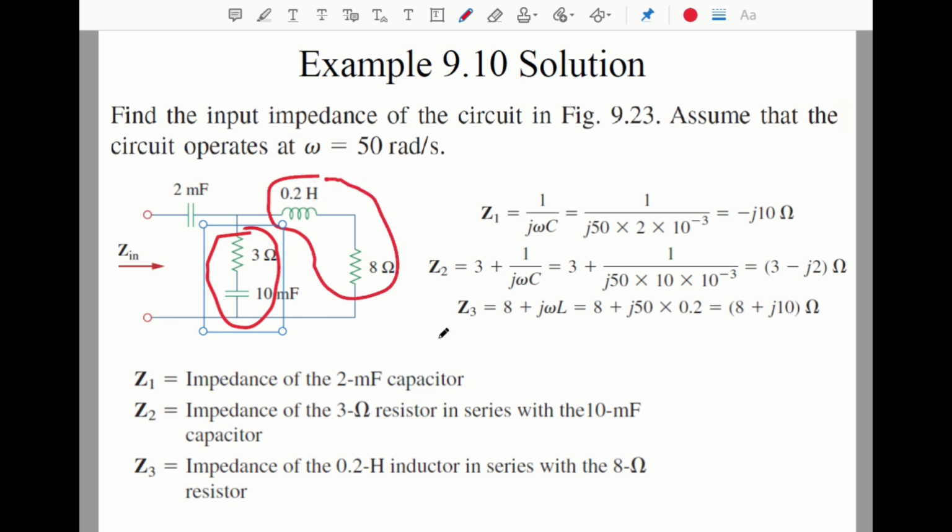I hope you understand. So for Z2, the total, we just add it up: 3 plus 1 over jwC, where C is the value of 10 millifarad. And Z3 is equal to 8, the resistor, plus jwL, where L is the value of the inductance over here.